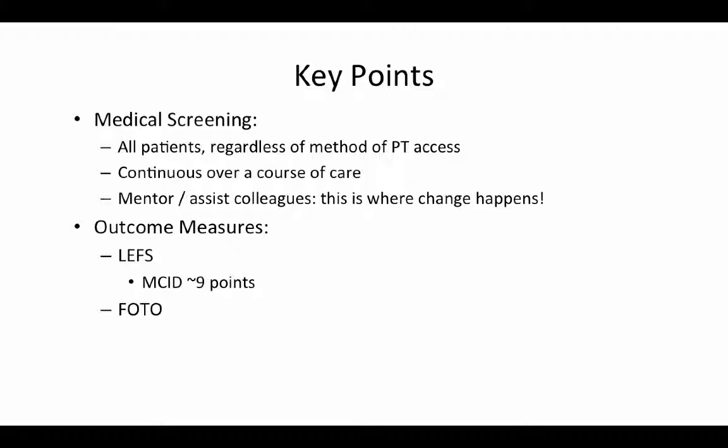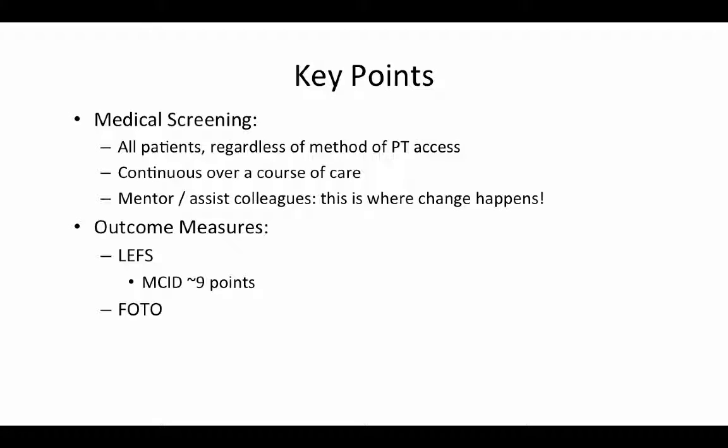And so we really want that to be clinically important because we're in the clinic. And that change there is 9 points for the LEFS. That would be a great short-term goal to use, but it's not completely functional and specific to the patient sitting in front of you. So you'd want to use something that's functional that the patient has specifically come in to see you about.